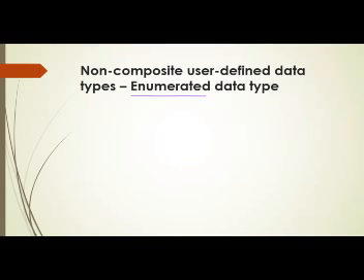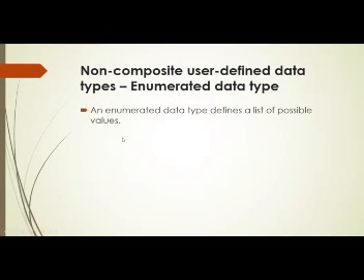I would repeat that. Think of a situation where the list of possible values is there, and the value of a variable can only be picked up from that list. That would be your enumerated data type. First, we have to define a list of possible values, and then that list of possible values will be used as a data type.